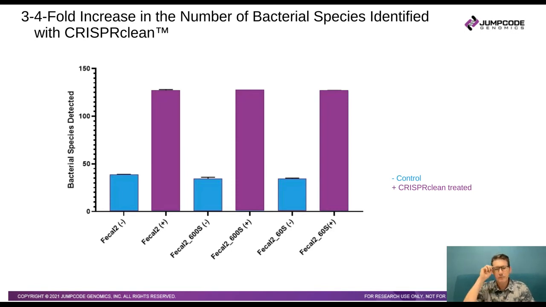But when we apply the Jumpcode depletion technology, the CRISPR-Clean metatranscriptomics kit, we see that that increases to somewhere around 130 to 140 bacterial species detected. And so thus, we're gaining a large increase in detection, 3 to 4-fold increase in the number of bacterial species identified with the CRISPR-Clean tech in these early experiments. And so what this essentially equates to is an increase in sensitivity of detection of the bacterial species in these samples.